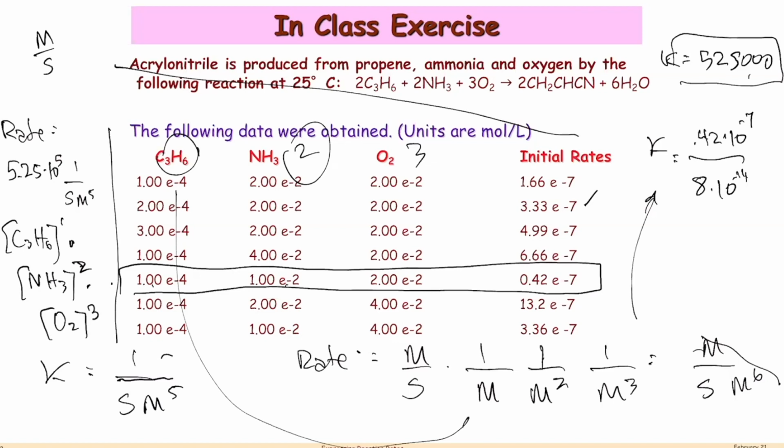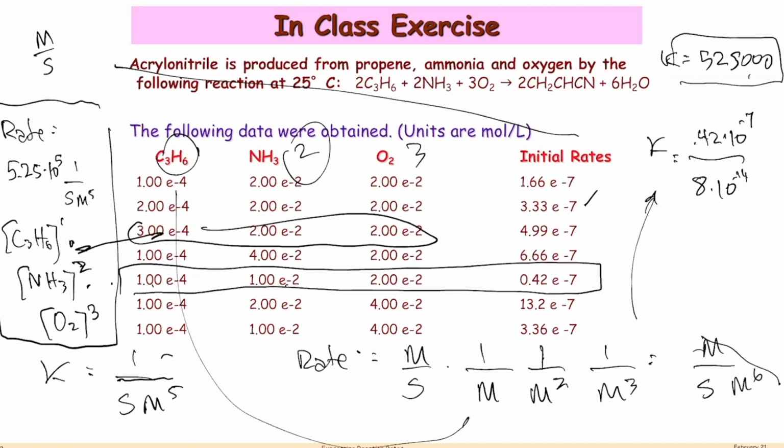So that is your complete rate law. Okay, you don't put a number for the rate because that's going to vary depending on the concentrations that you use. If you plug in any of these concentrations, try it out, and use K, you should come up with that value. So that's how you would do this problem.